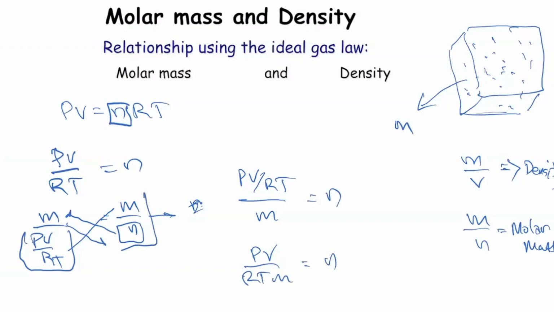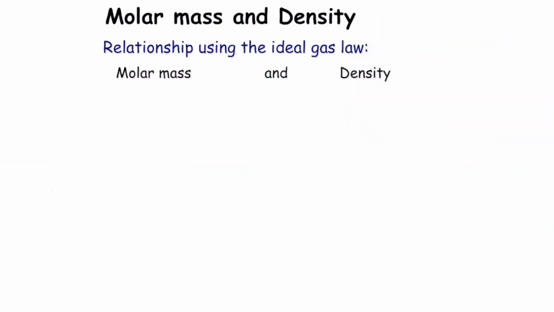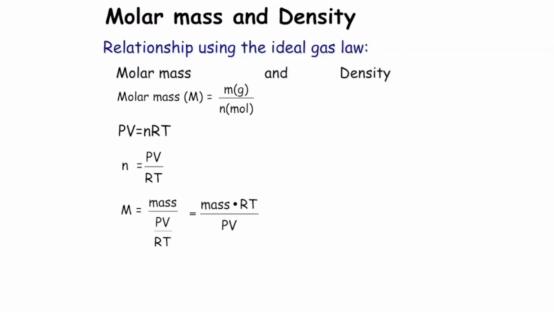So the molar mass equals mRT over PV. That basically is the equation I want. So this right here is the molecular weight.